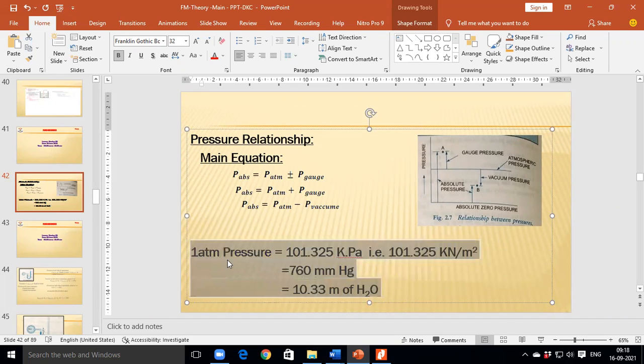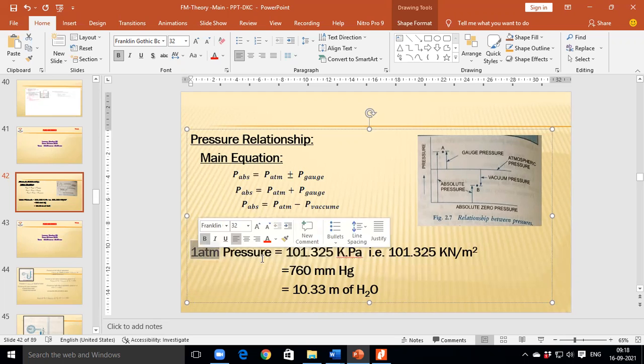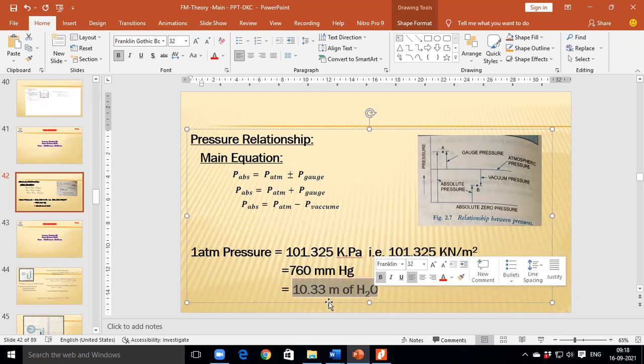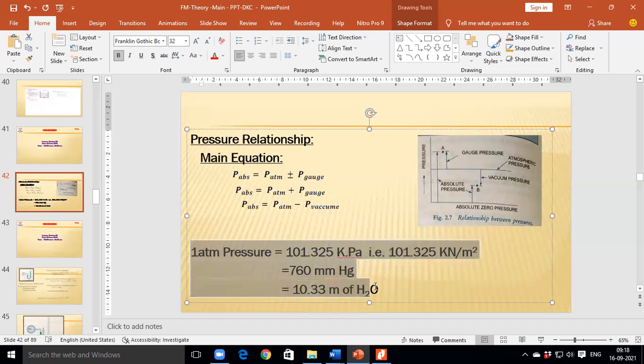Keep in mind, the first is 101.325 kilopascal or 101.325 kilonewton per meter square. In terms of the mercury column, its value is 760 mm of Hg. And in terms of water column, it is 10.33 meter of water. These are the 3 unit conversions required for solving the numerical.